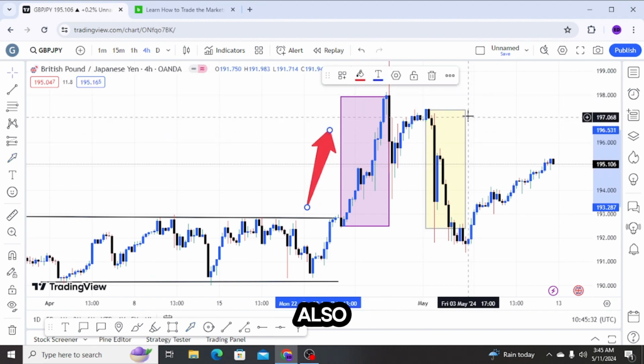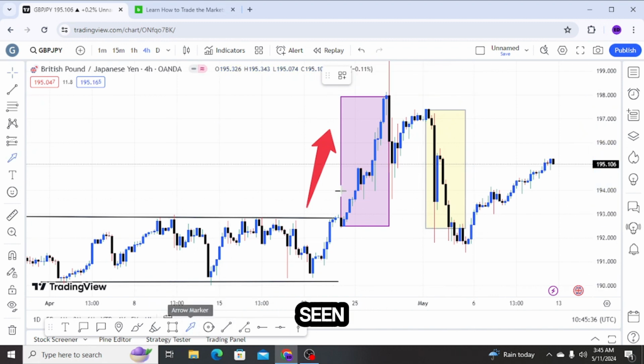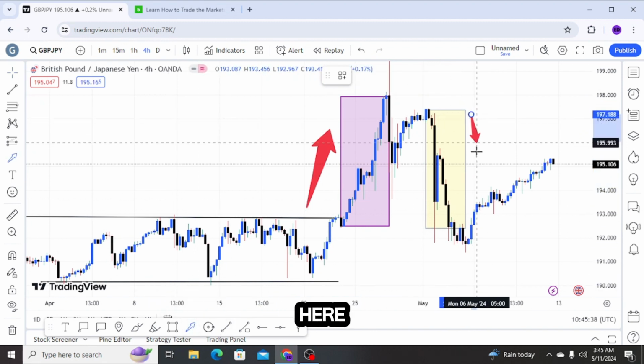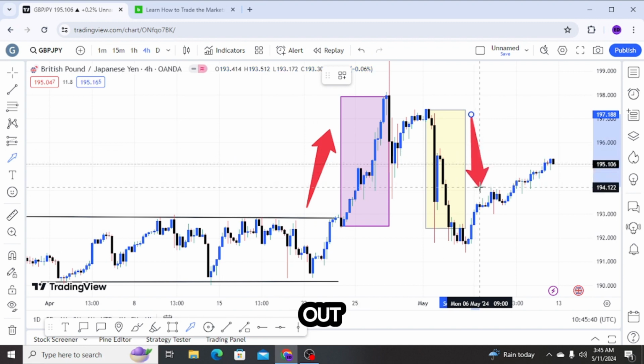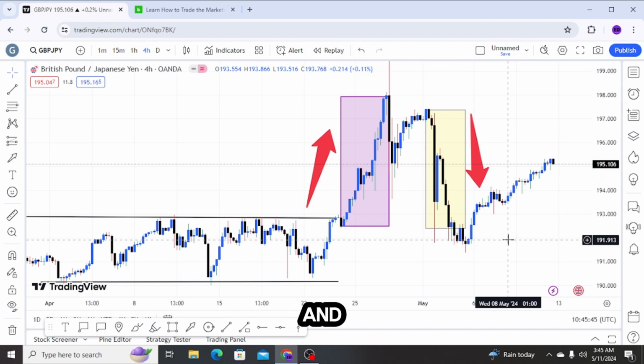So this one is what we call reversal, right? So this bearish move you are seeing from here to here now is what we call the reversal. Do you see now? So these things work hand in hand. As the first one is finishing, the next one is coming at the same time.